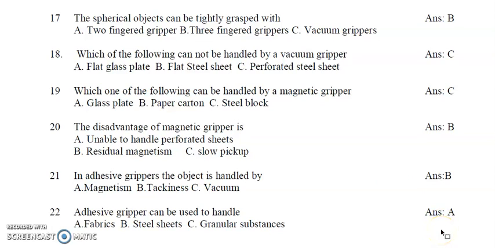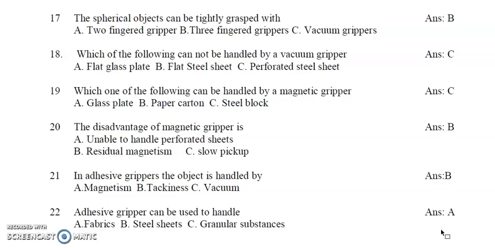A magnetic gripper can handle perforated sheets, and it has a very fast pickup. So the disadvantage of a magnetic gripper is residual magnetism. So answer choice B is the right answer.